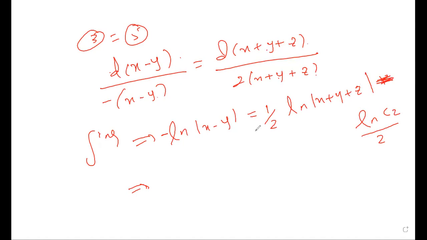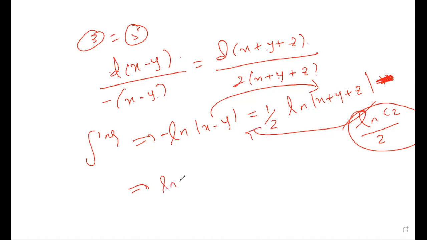I can take this one this side, this one this side. This is an arbitrary constant, we can choose any one anyway. I'm taking minus c, ln c2. I'm going to multiply the half also, all the terms, by 2. So x plus y plus z goes this side, plus, so there's no half here. So 2 times ln(x minus y) is equal to, if you are multiplying by 2, this will go, so ln c2.